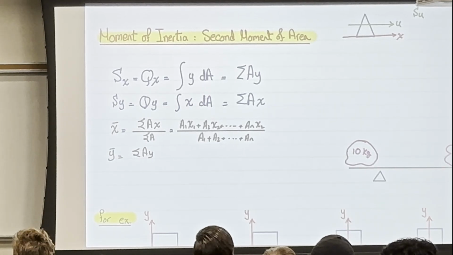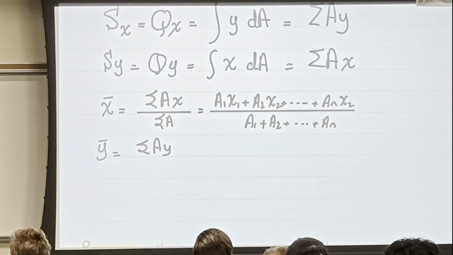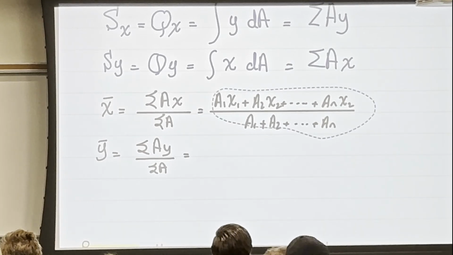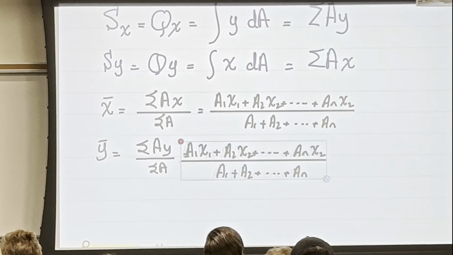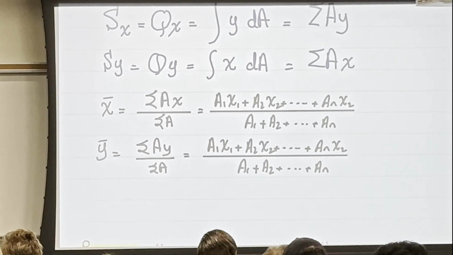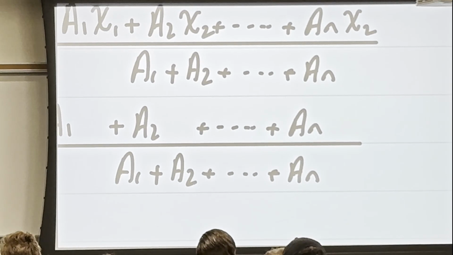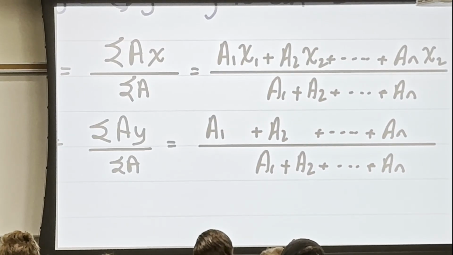So for y bar, it is the summation of area times y over the summation of area, the same thing as here. You can save the same equation in your calculator, but instead of x1, x2 and xn, you have the y values.